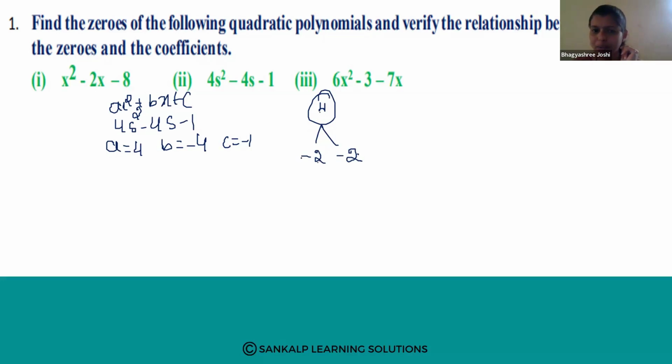We add the 2 and 2 because both are minus. So 4x square minus 2x minus 2x minus 1.